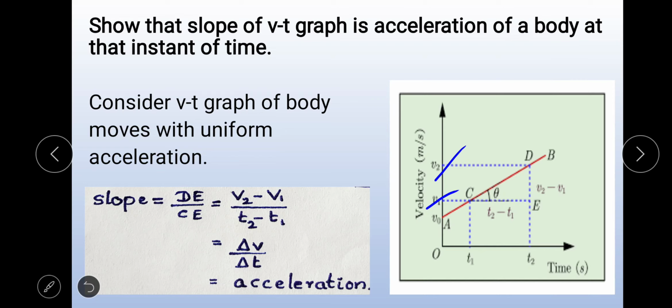V2 minus V1 can be written as delta V and T2 minus T1 as delta T. According to the definition, change in velocity with time is called acceleration. Hence the proof. Thank you.